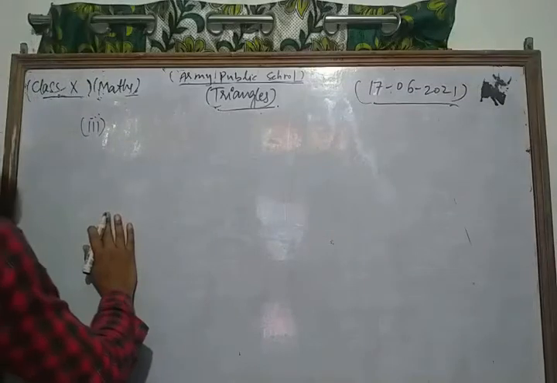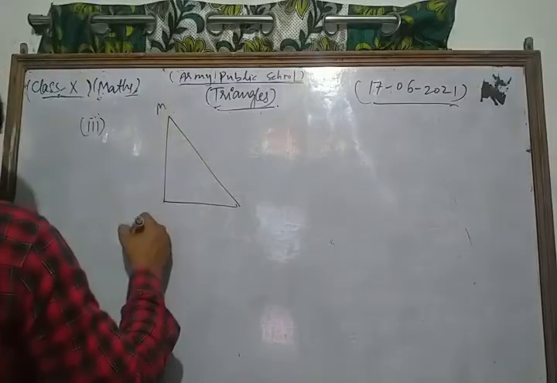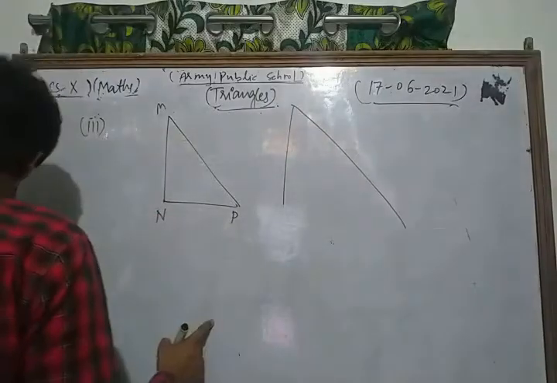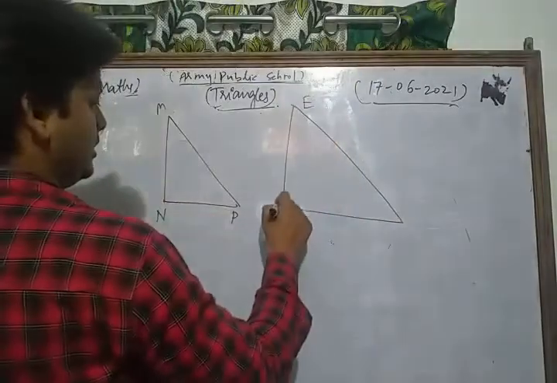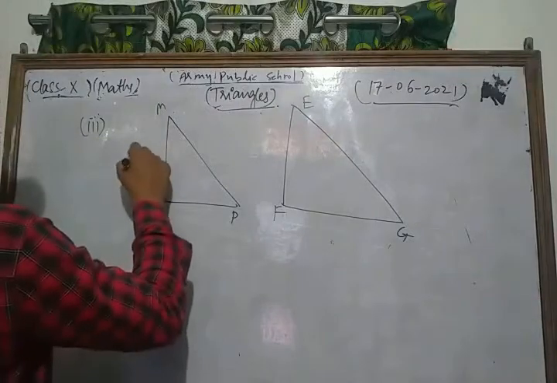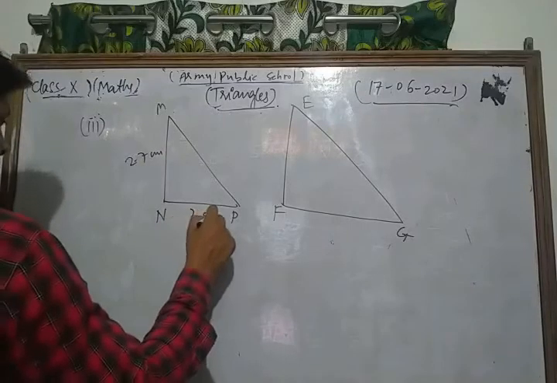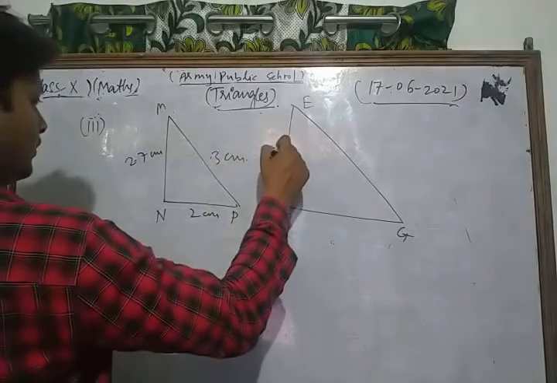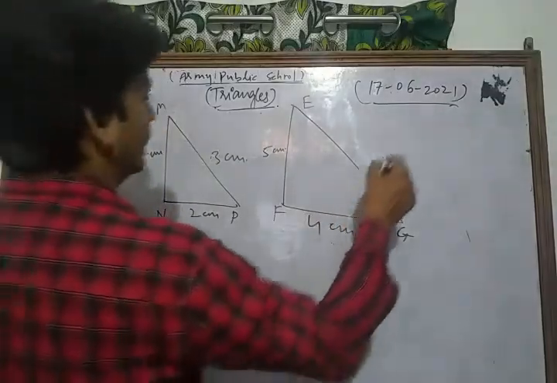Two triangles are given, this is MNP, and the second one is EFG. MN is 2.7 centimeter, this is 2 centimeter, this is 3 centimeter. This is 5, this is 4 centimeter, and this is 6 centimeter.